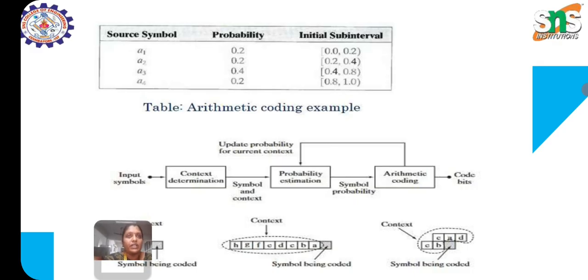The new low level is calculated using the formula: lower level plus the difference between the upper and lower levels times the cumulative low of the symbol. For N it is 0 plus (0.4 minus 0.0) times 0.4, so the new lower level is 0.16.